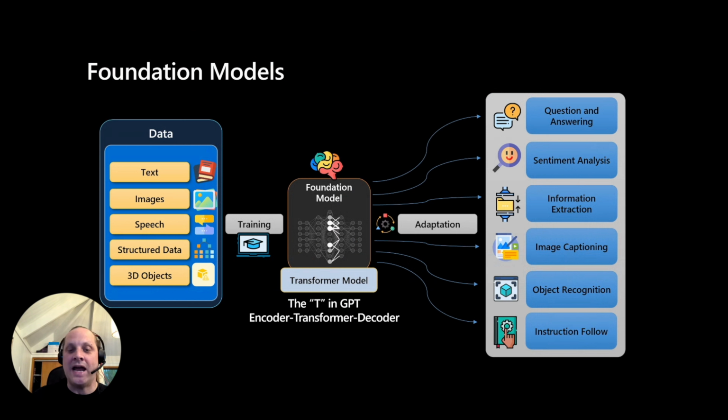And then we take that foundational model and we adapt it to do specific tasks. For example, on the right-hand side, we have question answering, or extraction of information, or video generation, or object recognition. So we start with a set of data, we produce a foundational model, and then we adapt that model to specific tasks.